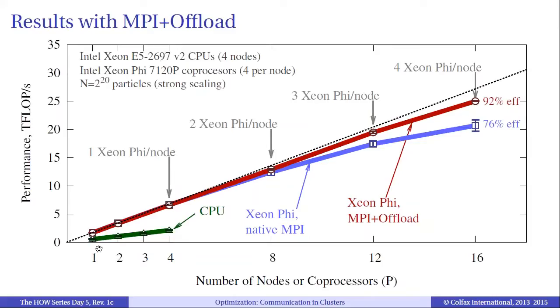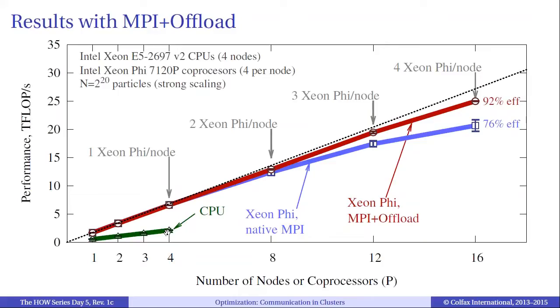So I scaled first across 4 compute nodes using 1 Xeon Phi per node. And then I scaled across 4 compute nodes using 2 Xeon Phis per node, 3 Xeon Phis per node, and 4 Xeon Phis per node. Eventually, I'm running on 16 Xeon Phi coprocessors, getting 20 teraflops per second. So this is an order of magnitude more than I was getting from my CPUs.